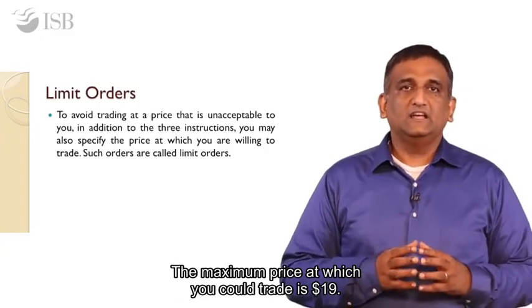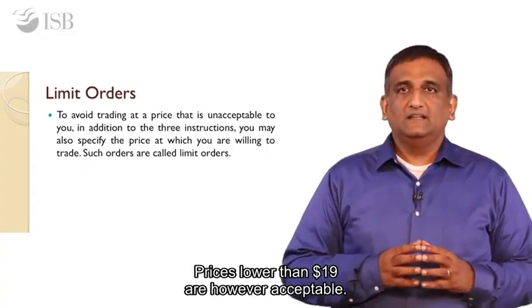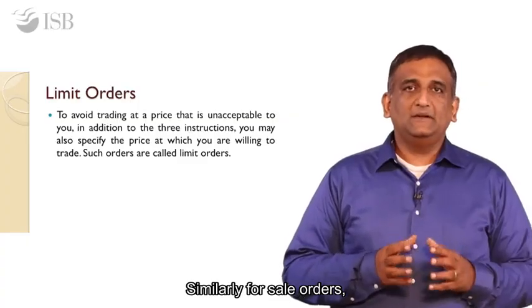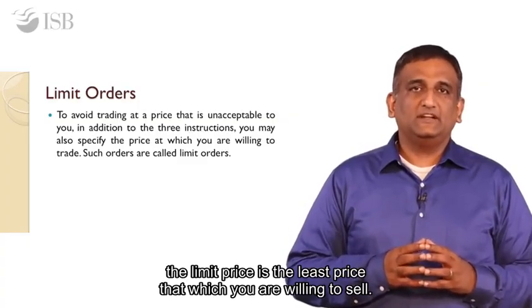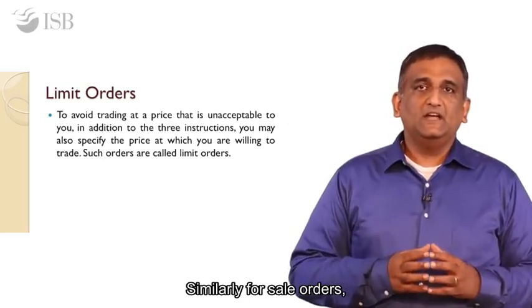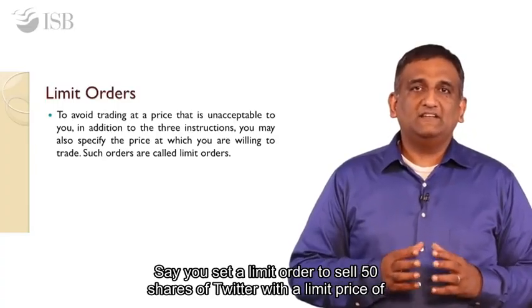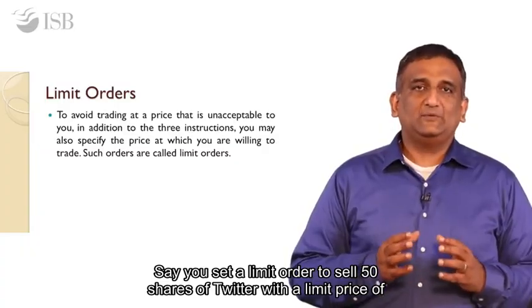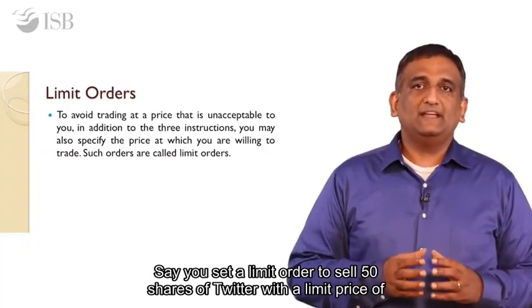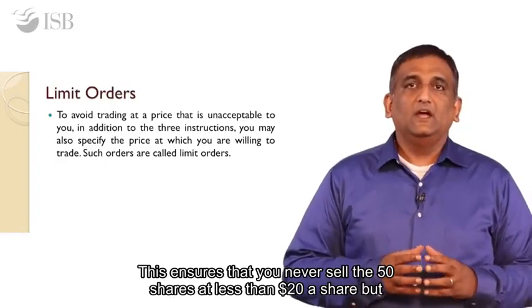Similarly, for sell orders, the limit price is the least price at which you're willing to sell. Say you send a limit order to sell 50 shares in Twitter with a limit price of $20. This ensures that you never sell the 50 shares at less than $20 a share, but any price equal to or greater than $20 is acceptable.